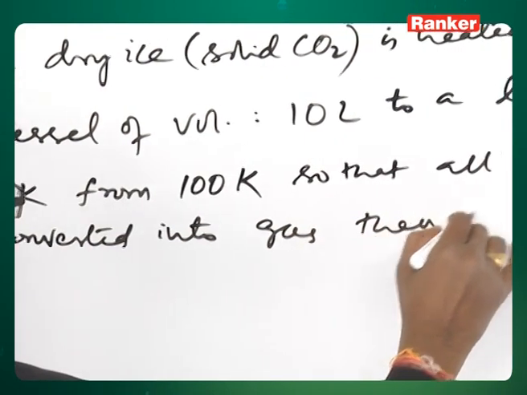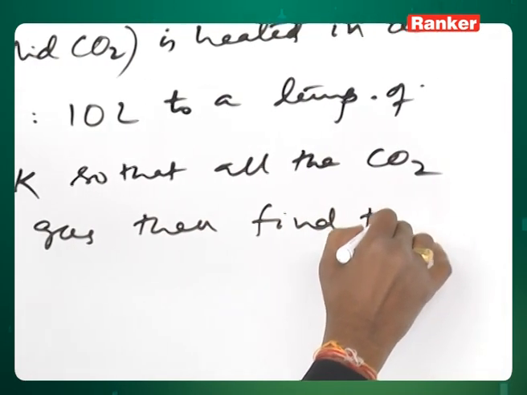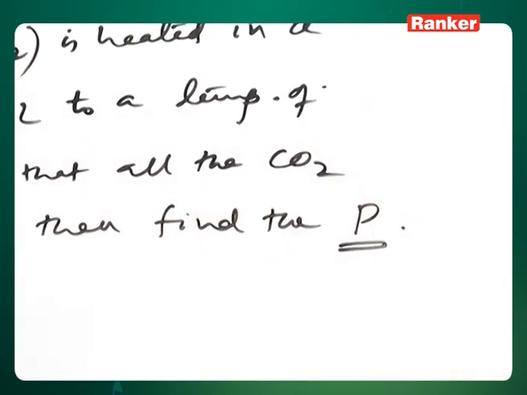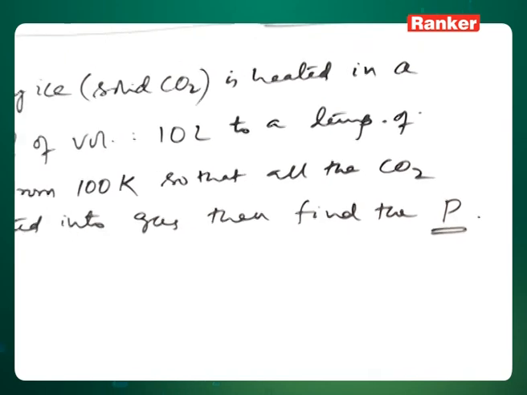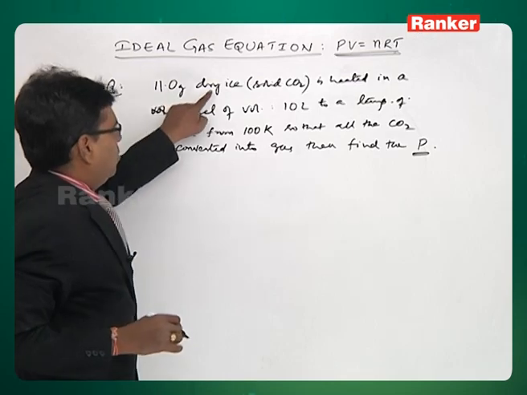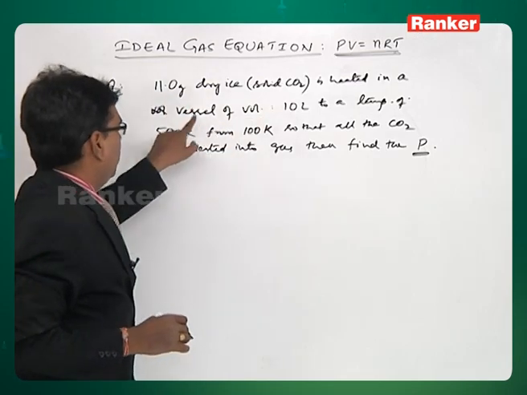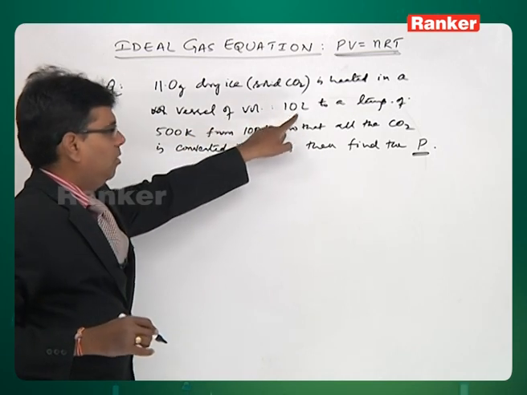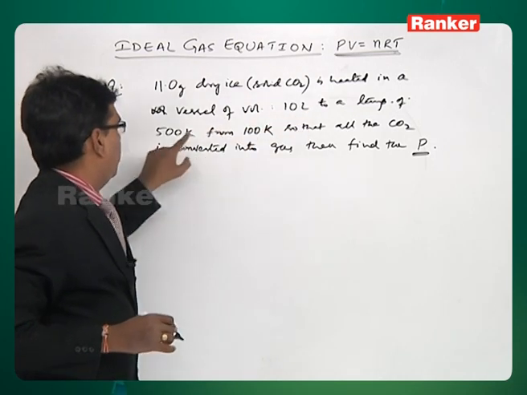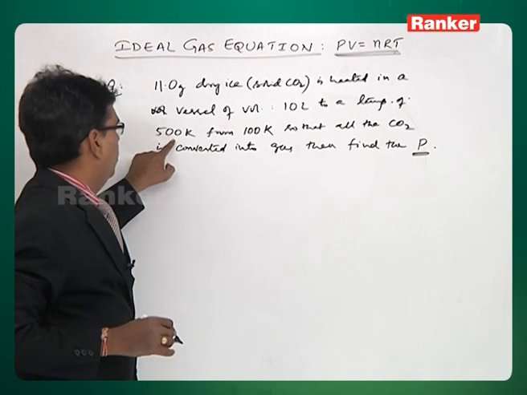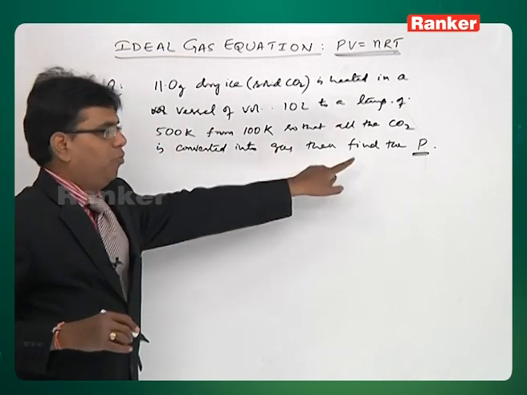Then find the pressure upon heating. 11 grams of dry ice is heated in a vessel of volume 10 liters from a temperature of 100 Kelvin to 500 Kelvin. Then find the pressure.